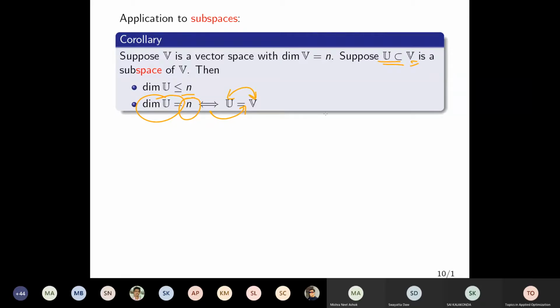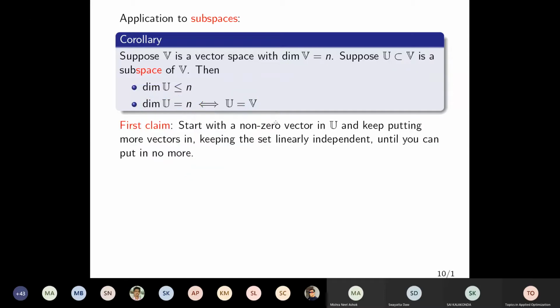This is a trivial result, because you found n linearly independent vectors in your subspace U, and you know the dimension of your original vector space is n, so they should also act as a basis for your original space. Any n linearly independent vectors will be a basis, and since the dimension of V was n, they generate whole of V. That's why U will become V.